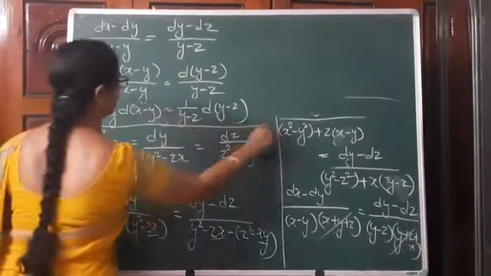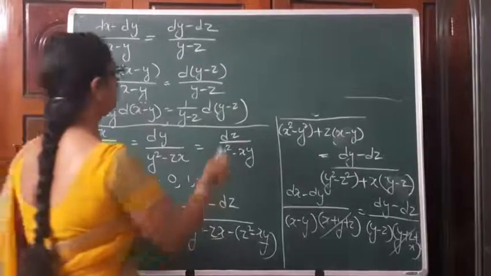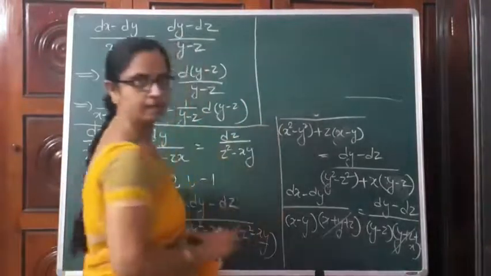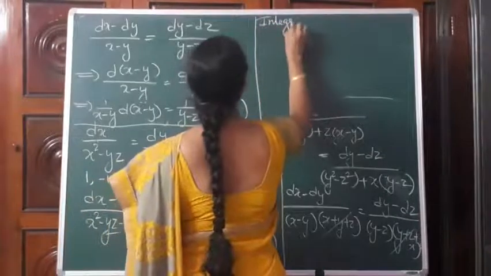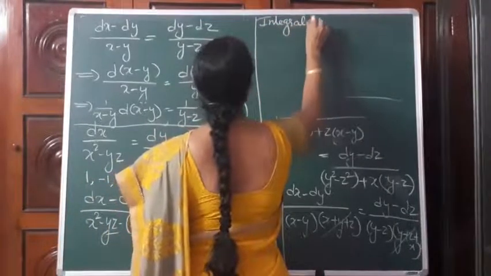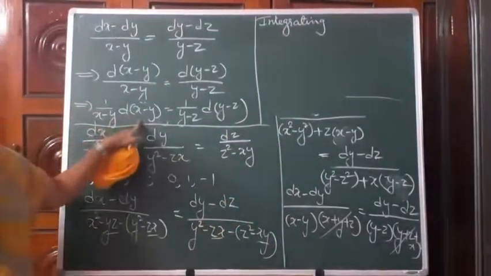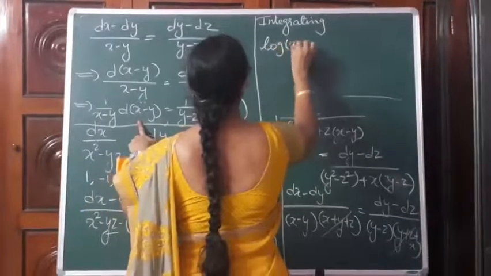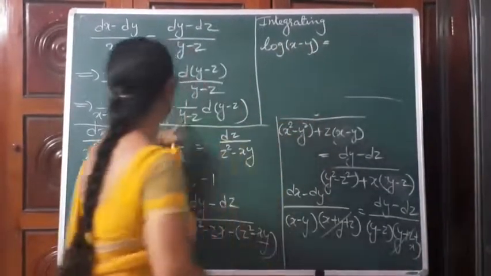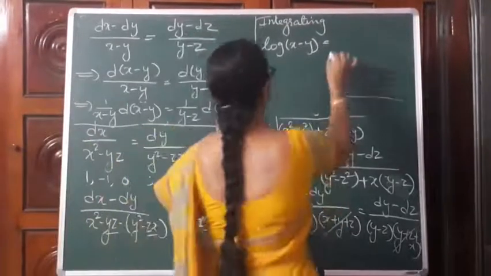How does this look? Like 1 by t dt. What is the integral of 1 by t dt? It is log t. Integrating both sides, the integral of 1 by x minus y, d of x minus y, is log of x minus y, and similarly the integral of 1 by y minus z, d of y minus z, is log of y minus z.